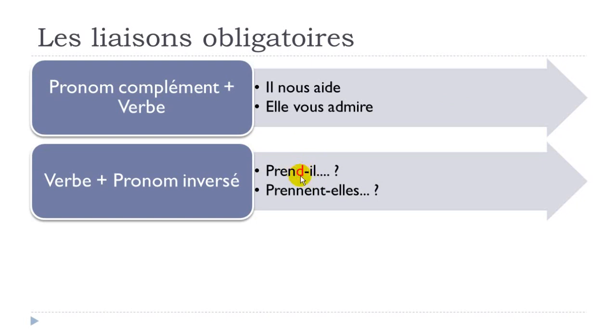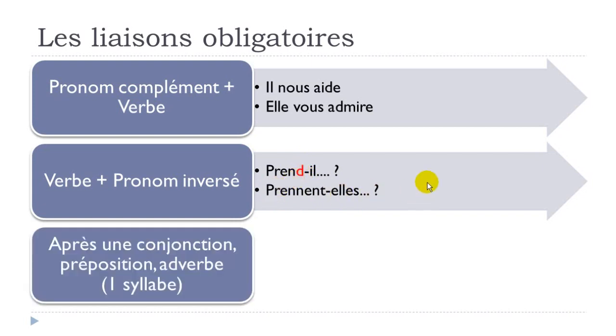And so this little d here is in red just to show you that you won't pronounce it like d to make the liaison, but you will pronounce it like t. And so you will get prend-il, okay? But then here, prennent-elles, okay? So you've got your t and then prennent-elles, all right? So prend-il, remember, they pronounce like t, and here, prennent-elles, all right?